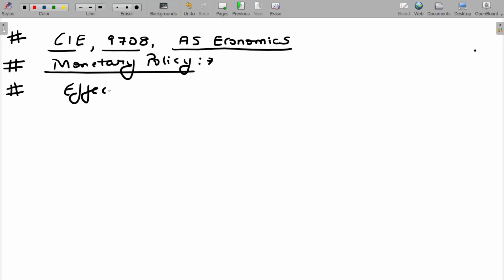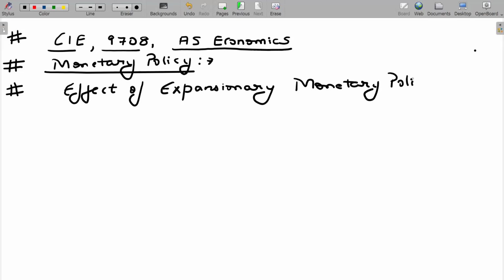I can write: effect of an expansionary monetary policy on the ADAS diagram.